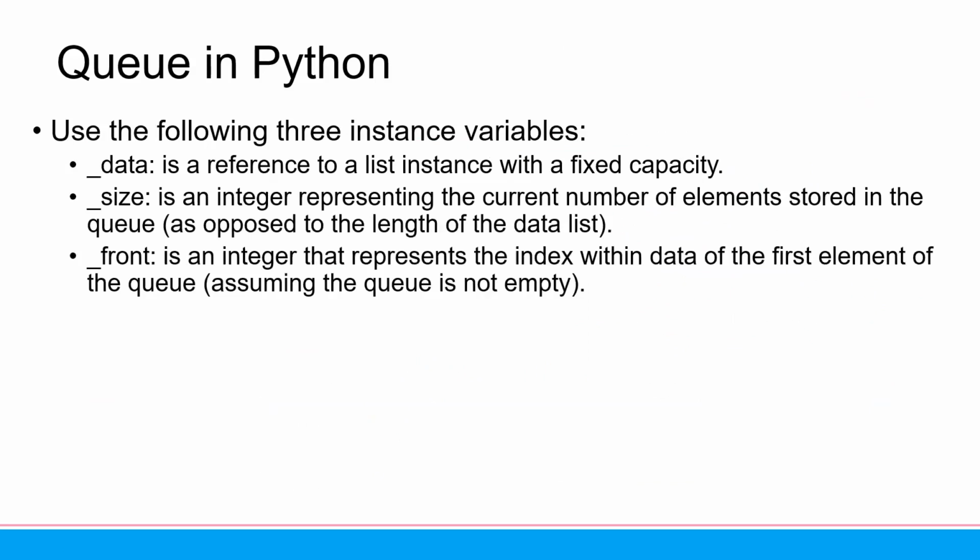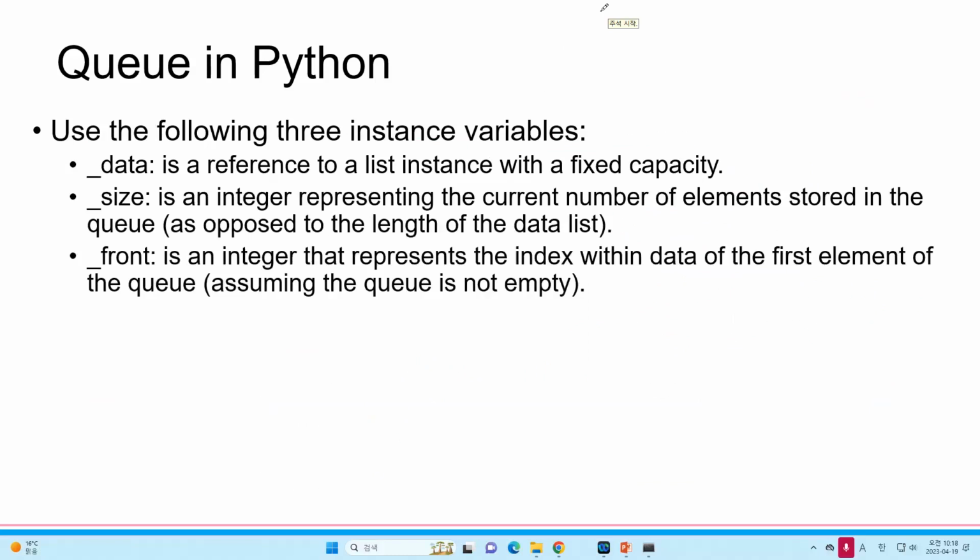So this is the operation for the DQ. In Python, there will be three kinds of variables. First is data. It is the reference to a list instance with fixed capacity. We call it fixed capacity because whenever you have a new element, it will be wrapped around.